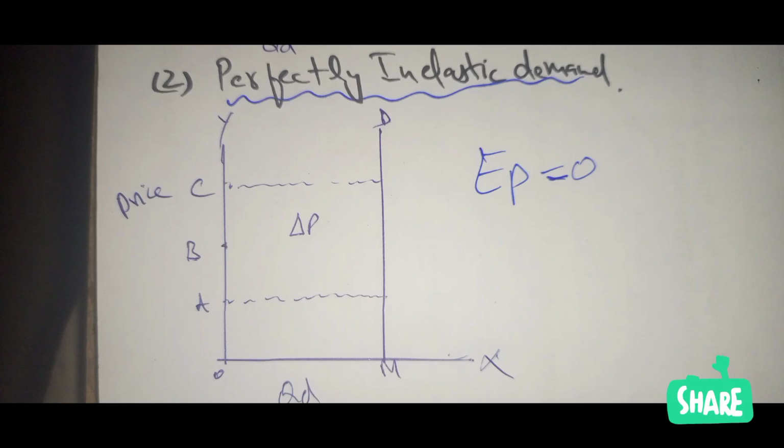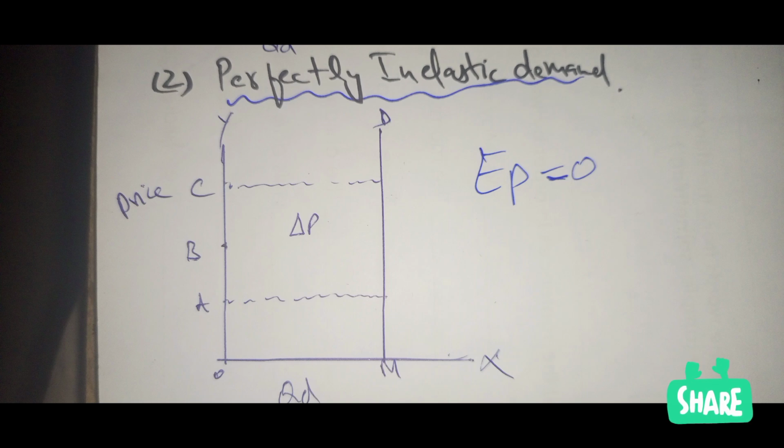We here draw the two axes, x-axis and y-axis. Here we measure the quantity demanded on the x-axis, whereas we show the changes in price on the y-axis.